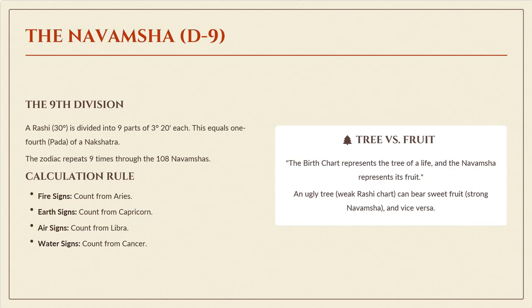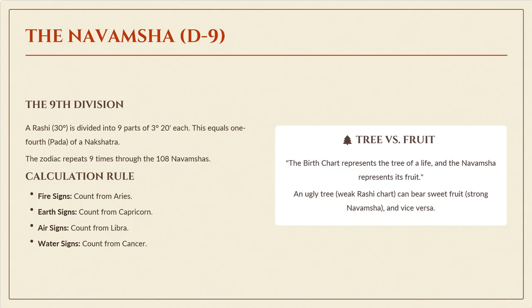But if you go to such divisions, it is very difficult, because such accurate time of birth is very rare. We say the child is born at 9:15, but he might actually be born at 9:14 or 9:13 or maybe 9:16.